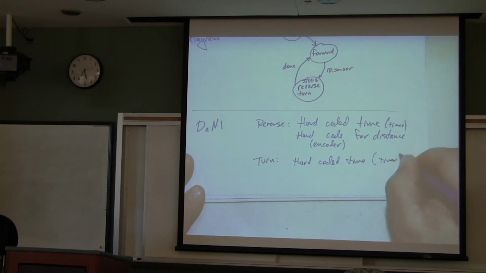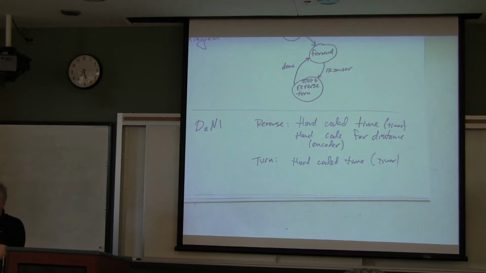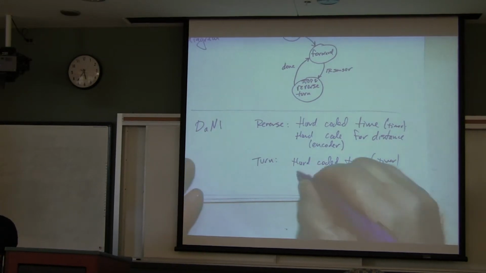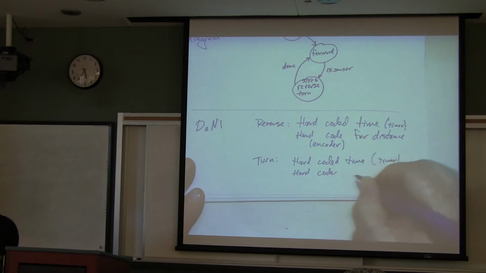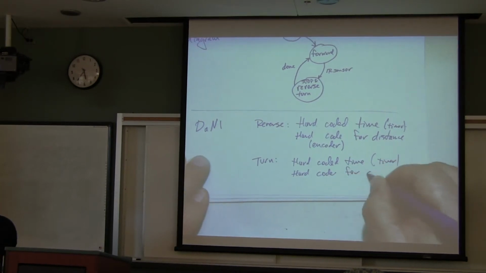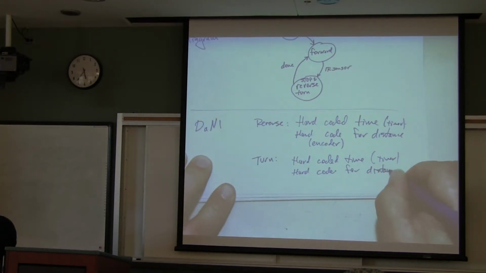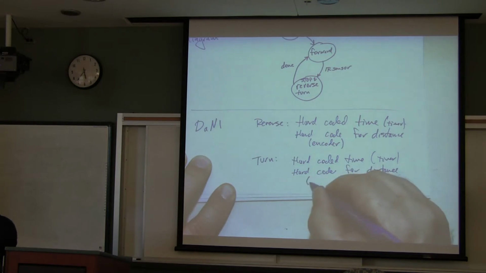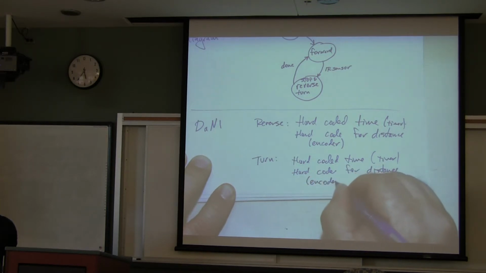In other words, a timer, you will say, I will count down a certain number of seconds or milliseconds, as opposed to hard coding for distance, again, using an encoder.